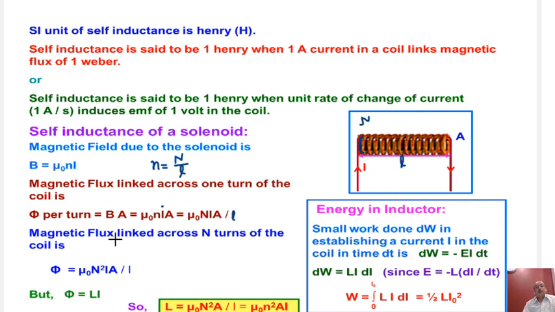The flux linked across the turns of the coil will be mu 0 N I A by L into N, because we have to multiply by N as there are N turns in the coil. So we will get phi is equal to mu 0 N square I A by L, or phi is equal to L i.